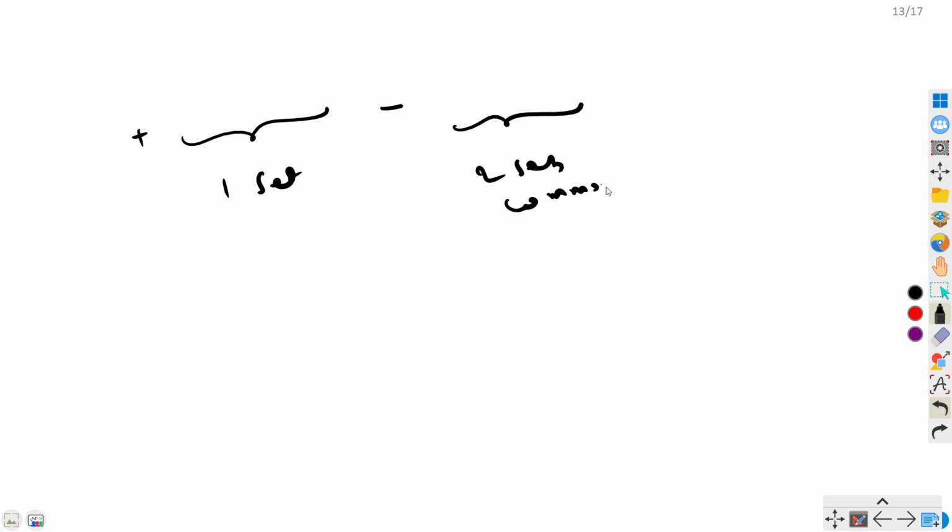So you can think of it like this: 1 set plus sign, minus 2 sets common, and again plus 3 sets common. Plus minus plus, alternate signs.